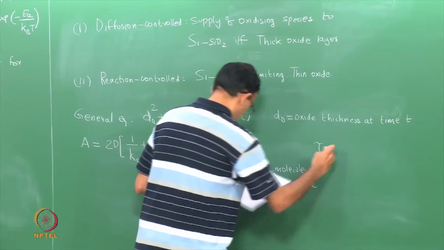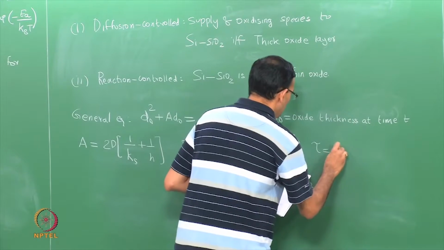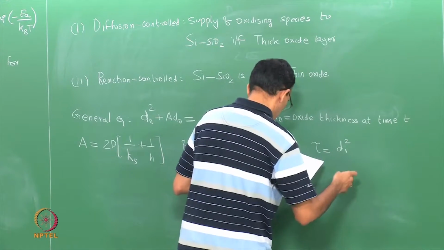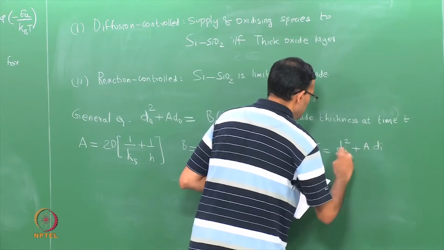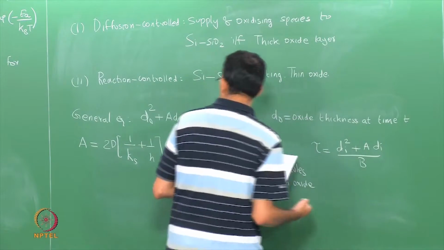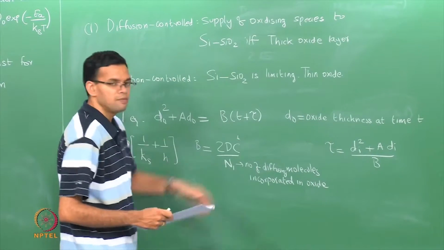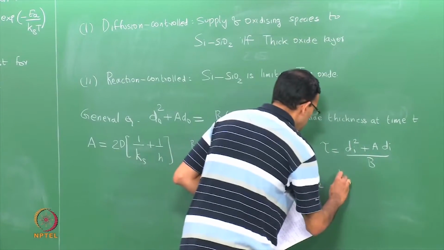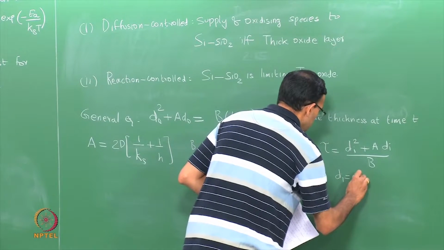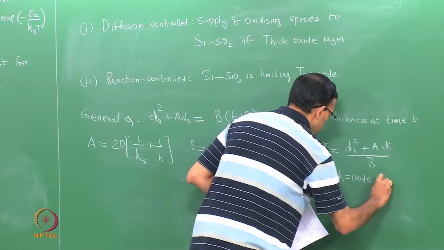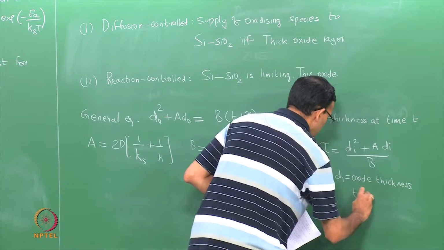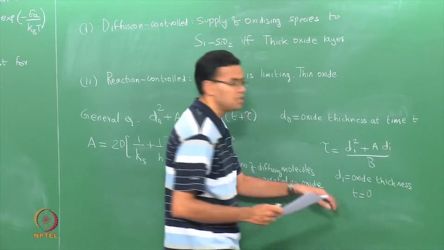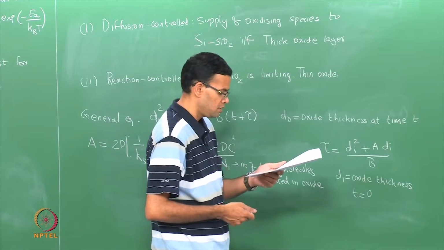Tau is nothing but di square plus A di by B, and di is the oxide thickness at time t equal to 0. So, this is the initial oxide thickness.